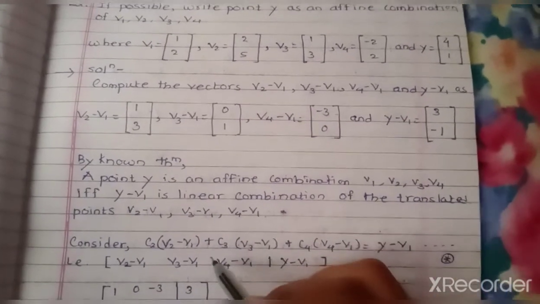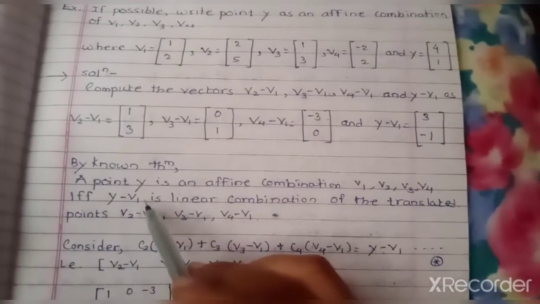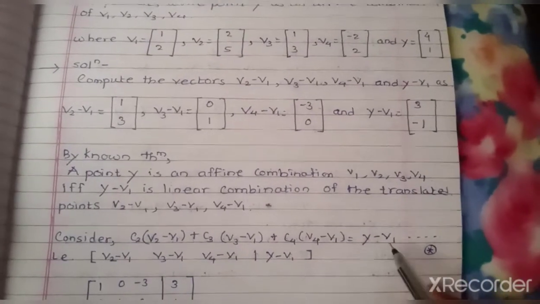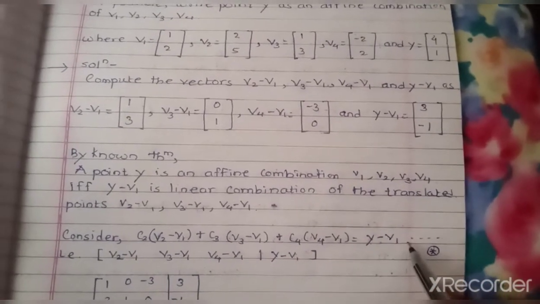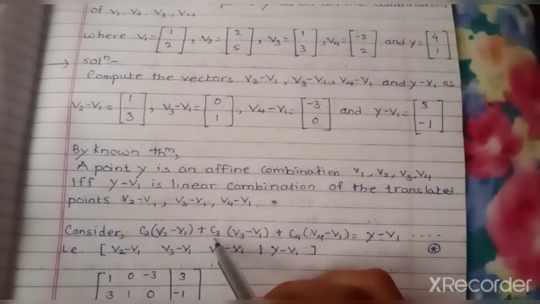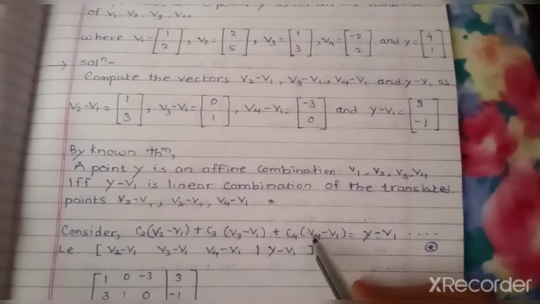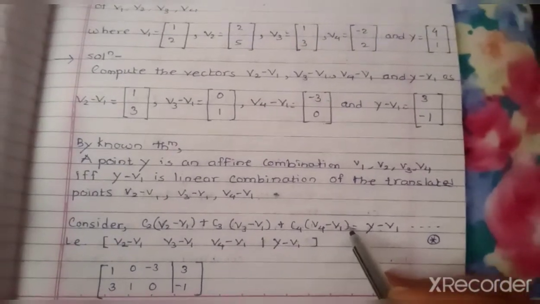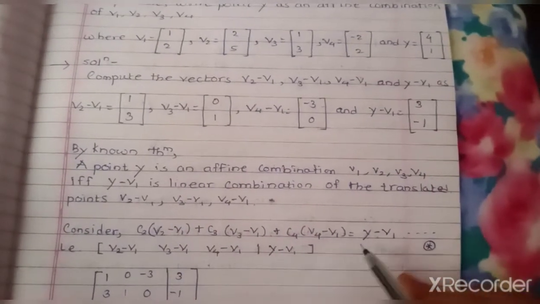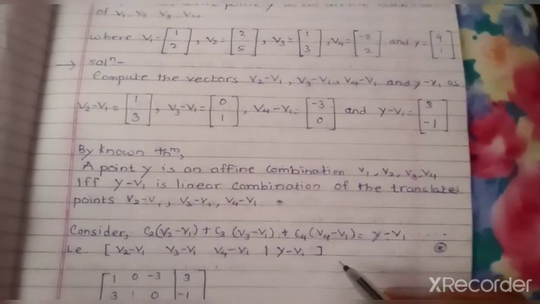If y minus v1 is a linear combination of these, we can write this equation: y minus v1 equals some scalar c2 times v2 minus v1 plus c3 times v3 minus v1 plus c4 times v4 minus v1. If there exist such scalars, then it is a linear combination.